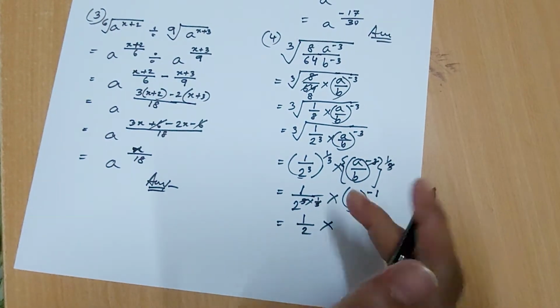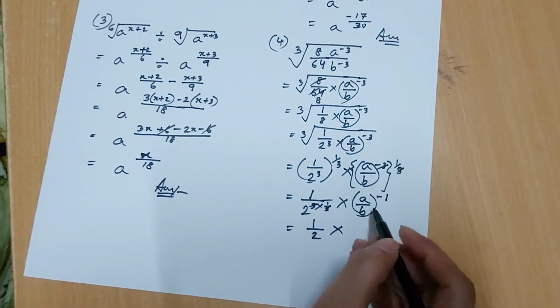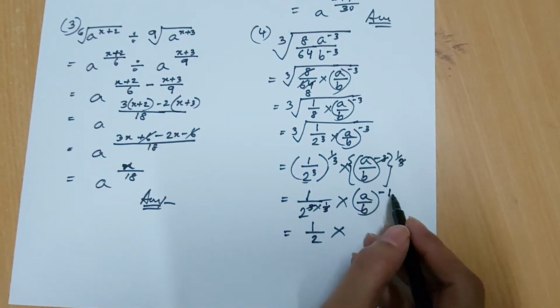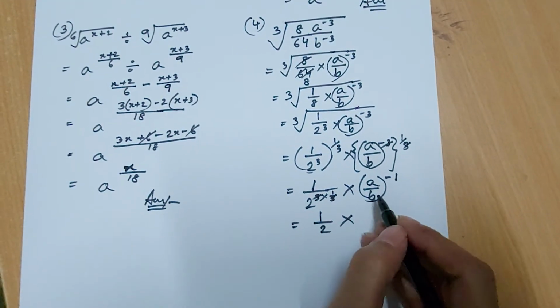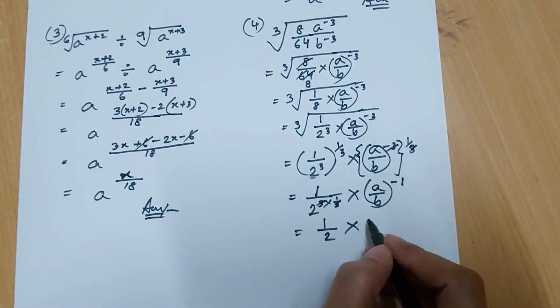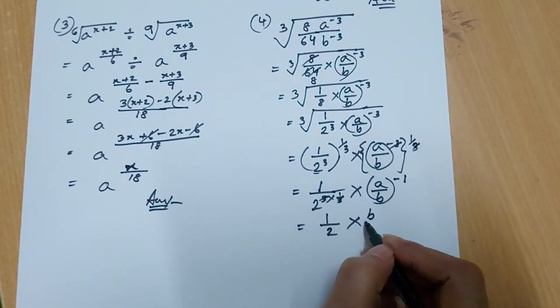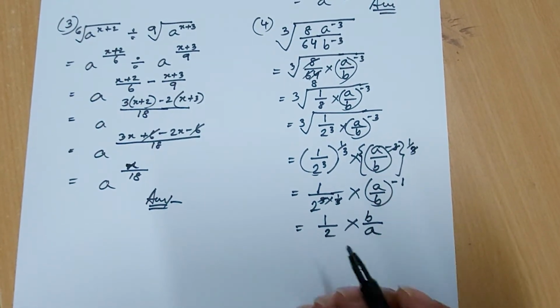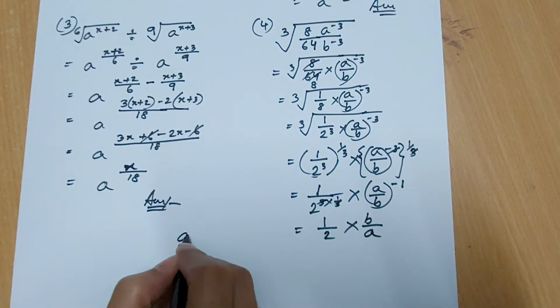And now it is very interesting, a power negative 1 and b also has negative 1 as a power. So a will become the denominator and b will become the numerator here. So that is b by a. I am showing you how it happens.